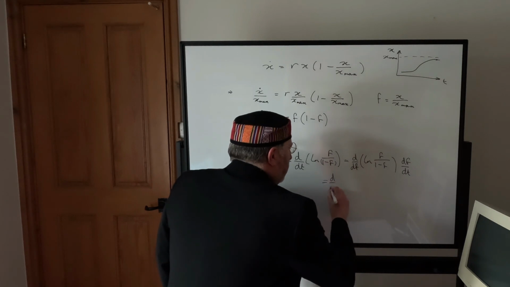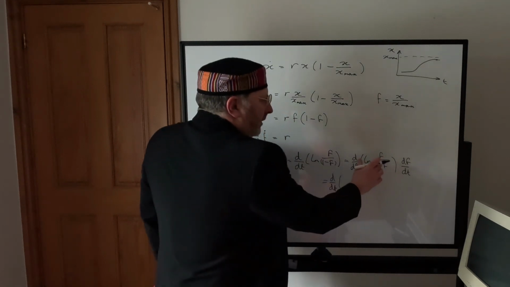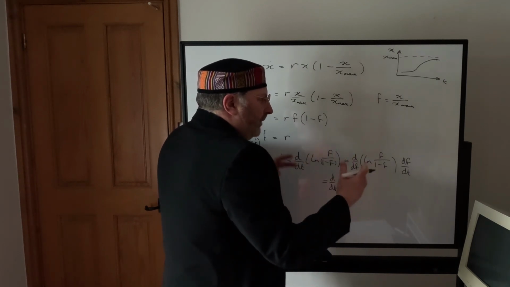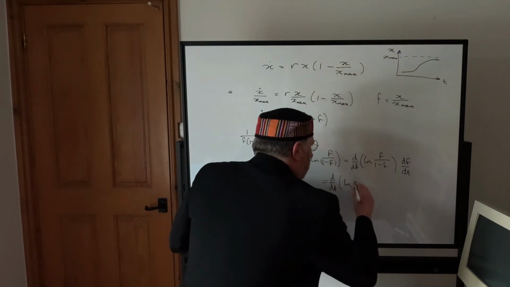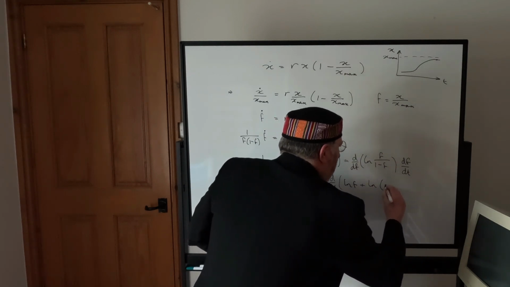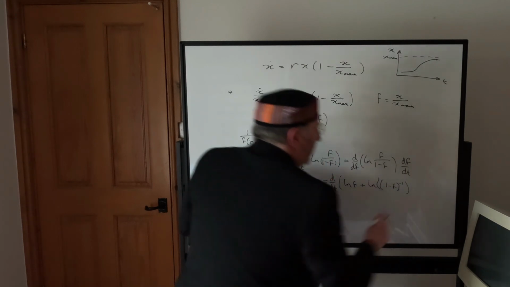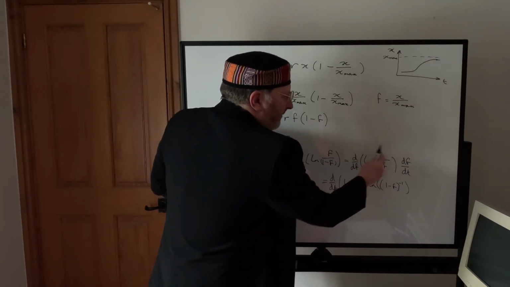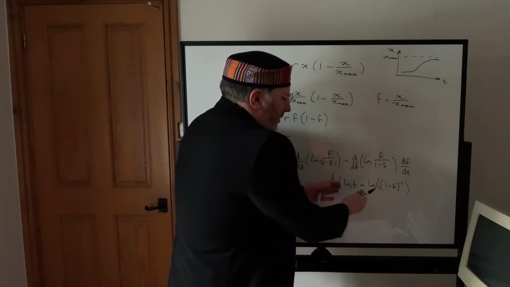And now we can differentiate this with respect to f, using the principle of logarithms, that logarithms turn multiplication into addition. This is log f plus the log of 1 over 1 minus f, which we can write as 1 minus f to the minus 1. So this is f times 1 minus f to the minus 1, and the multiplication becomes an addition of the two logs.